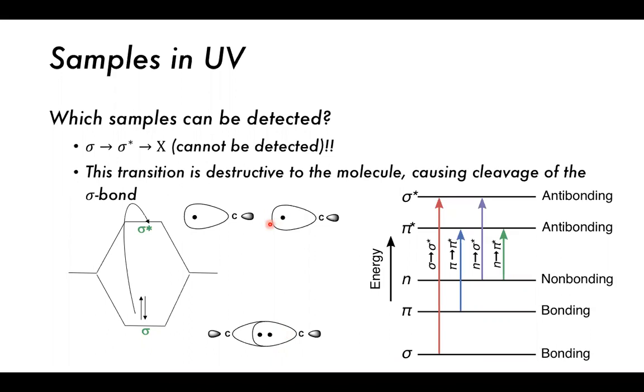So certain transitions can actually destroy our molecule. The transition that we've seen here is destructive to the molecule, causing cleavage of the sigma bond. And so those sorts of transitions cannot be measured. They're oftentimes in the vacuum UV as well, so it's a little bit hard to actually produce light of that wavelength to actually measure them.